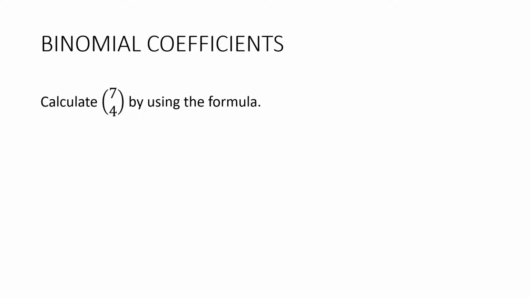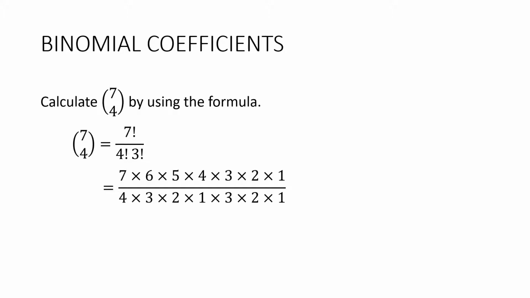All right, so let's calculate 7C4 by using the formula. Okay, so 7C4 will be 7 factorial over 4 factorial multiplied by 3 factorial. These two will always add up to that. Now we're going to expand it out. Now you can see here how this bit here can cancel with that part there.